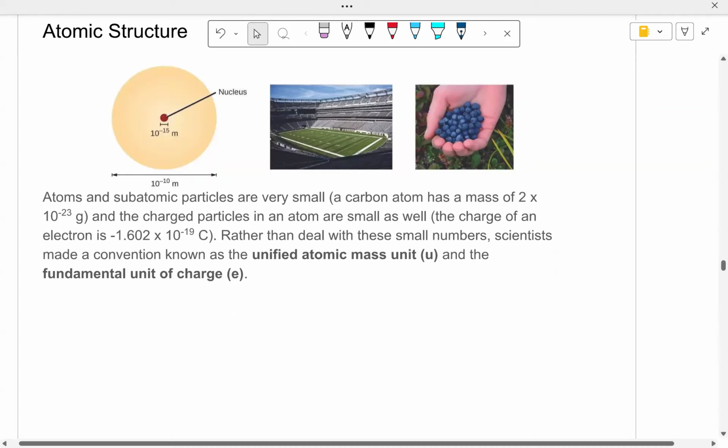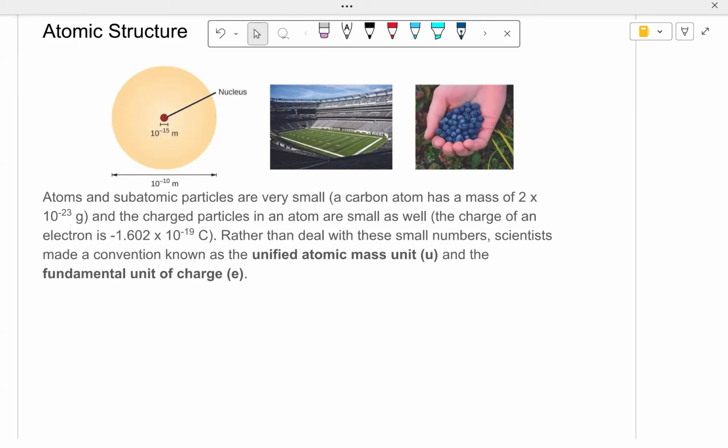So the first thing I want to emphasize, again, I've said this in lectures past, but these atoms are already very small, and these subatomic particles are even smaller. In fact, if you were to envision an atom like the size of a football stadium, putting a blueberry right in the middle of that football field would be about the relative size of the nucleus compared to the whole atom.